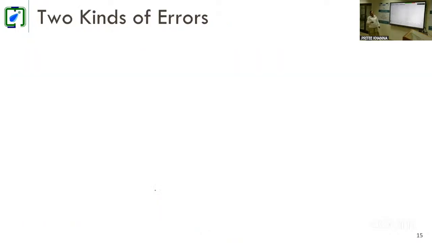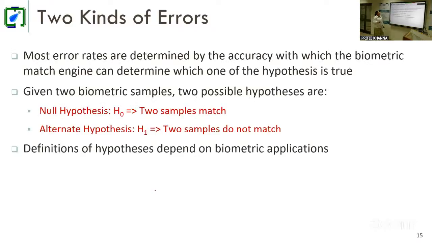When we go for errors, there are two kinds of errors. Basically, there are two hypotheses. One is the null hypothesis, where two samples match, and the alternate hypothesis, where two samples do not match. Remember that these definitions depend upon the application, whether it is a positive or a negative application. If you go for negative, it will be reversed.